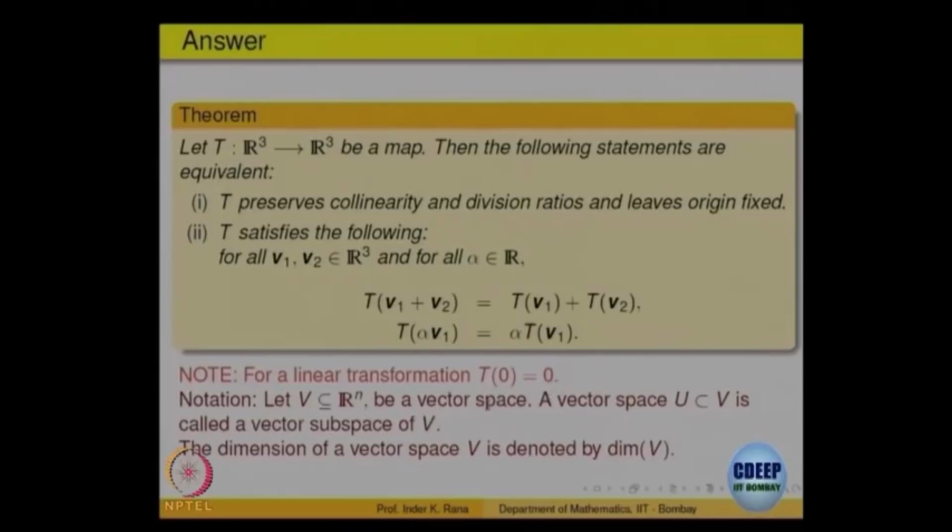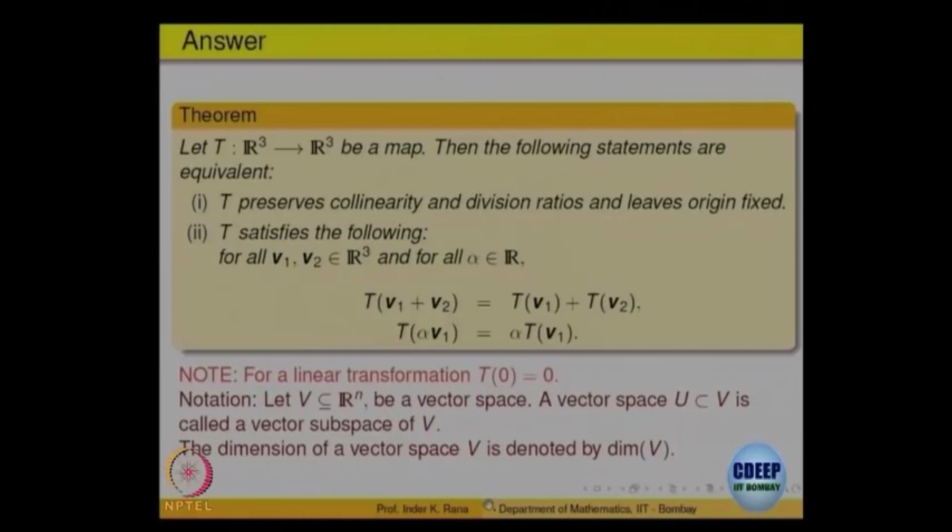And note another thing, here it is from R3 to R3, but when I define it for vector spaces, we will see that they need not be from the same vector space to the same vector space. Domain and range need not be the same.